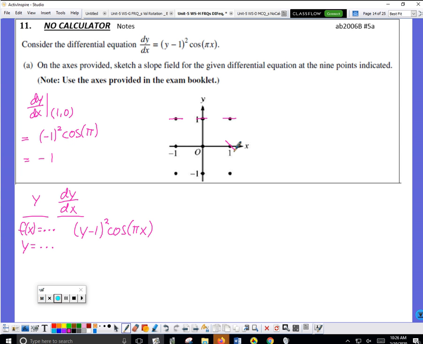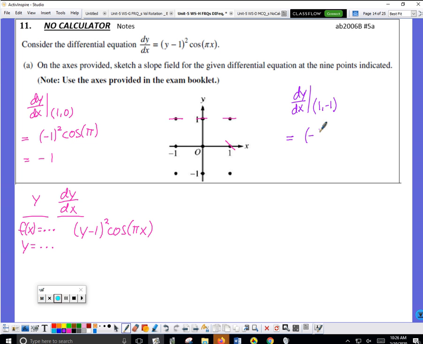So then, just keep going. I need this point as well, so that's dy dx at, you do not have to write anything down. I'm writing just so everyone can see how I'm thinking.